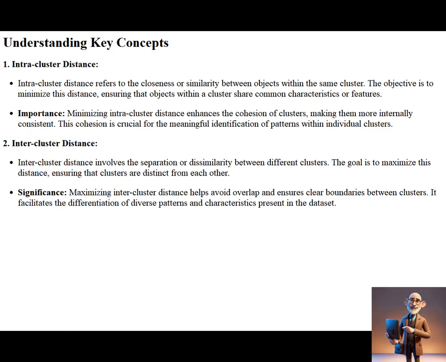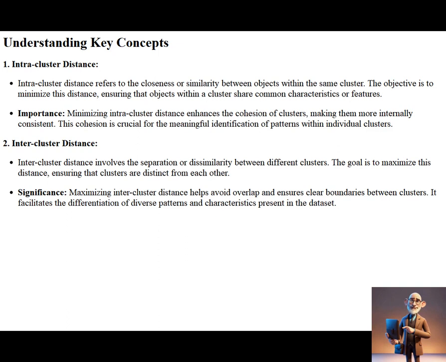Now, let's shift our focus to the space between different clusters, the inter-cluster distance. This concept involves understanding the separation or dissimilarity between distinct clusters. Our objective here is to maximize this distance. Why does it matter? Maximizing inter-cluster distance is essential to avoid overlap and establish clear boundaries between clusters.